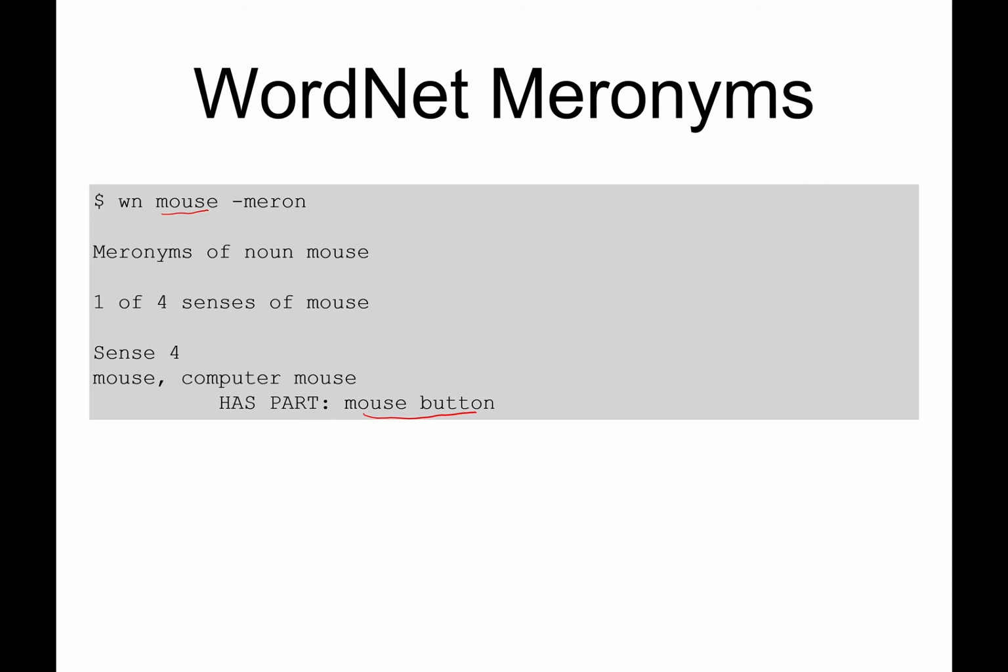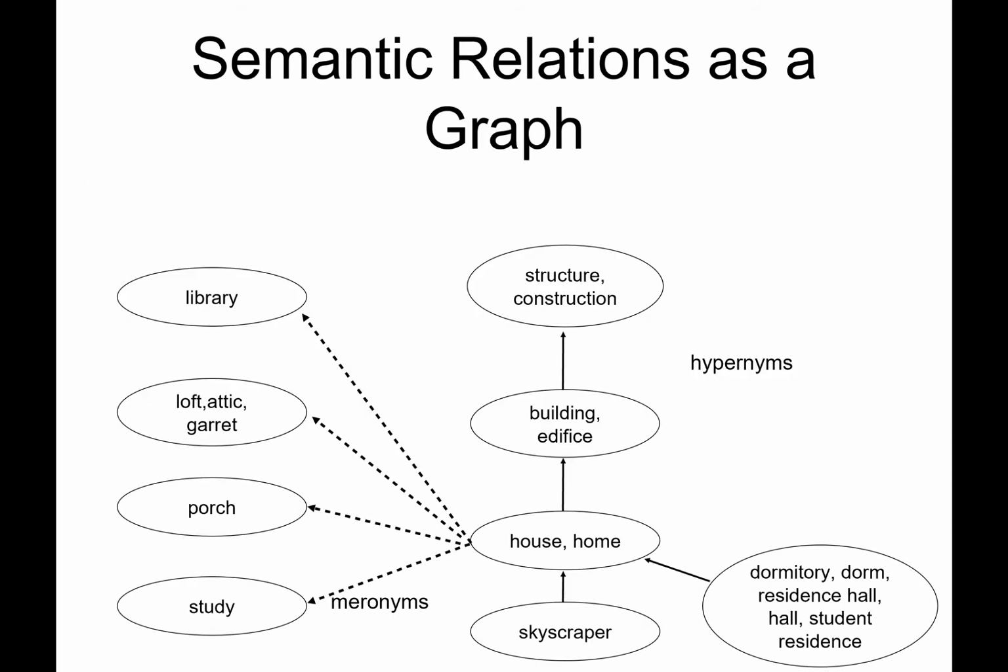Okay. So in general, you can think about the semantic relations as a graph. All right. So you have, for example, something like a skyscraper, which is a very specific concept. And this is the hyponym of something that is more general, going up, up, up. If you keep following here, you should find entity at the end of the day. Then you have sister concepts to skyscraper, these guys over here.